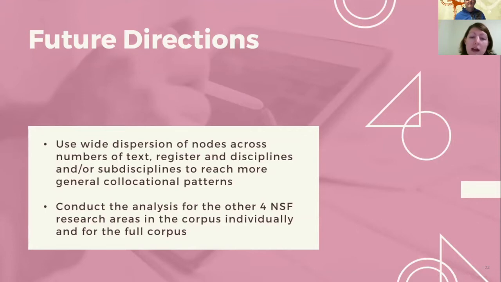I only did this for one of the areas, as I said, because this was a proof of concept to see if it would work. So conduct this for the other four National Science Foundation research areas individually and for the full corpus. That's something we are starting to do.